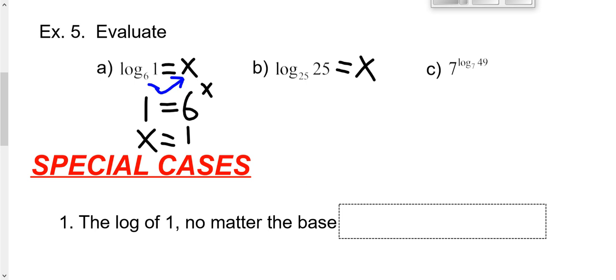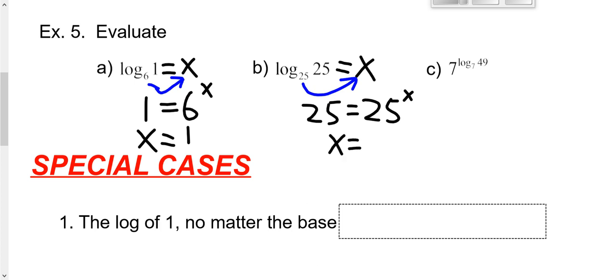Alright, so if you look at this, same thing, move the base there, and that will give you 25 equals 25 raised to the power of x, and of course in this case x needs to be 1. Or, as I mentioned, this one may not be that obvious.